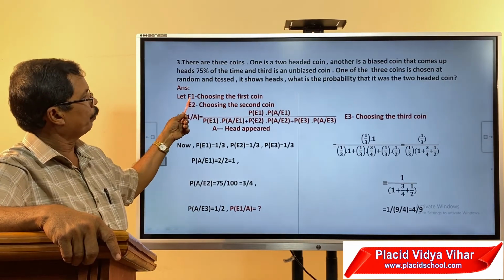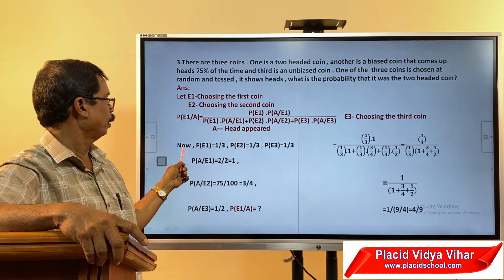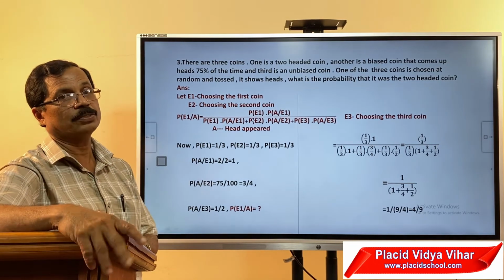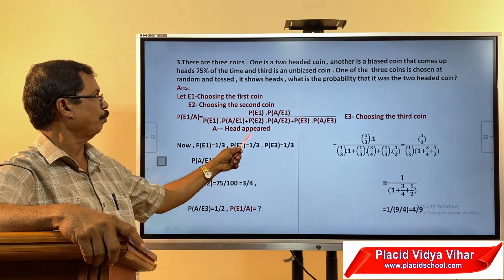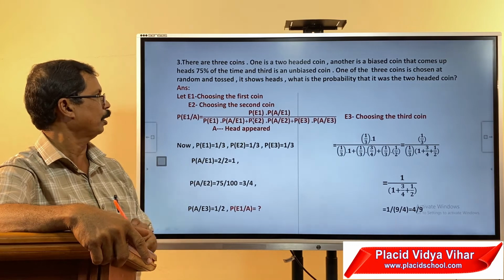So you know the probability of E1. What is the probability of E1? Since there are 3 coins, the probability of getting a coin is 1 by 3. So the probability of E1, E2 and E3 are all equal to 1 by 3.